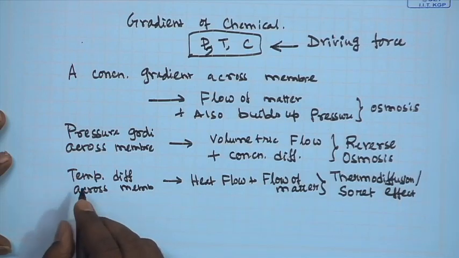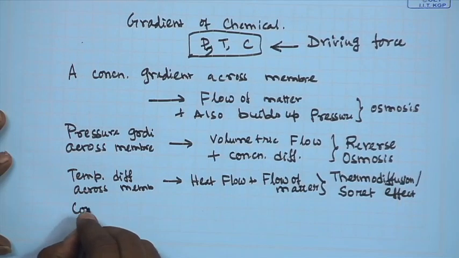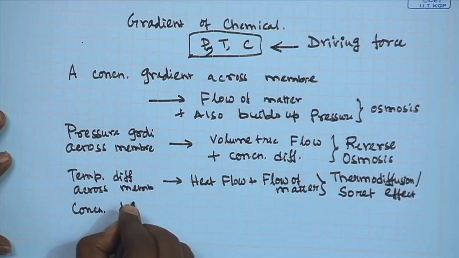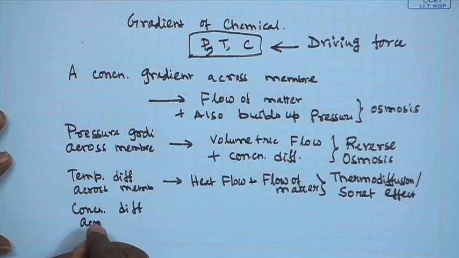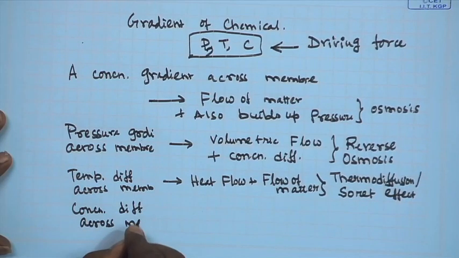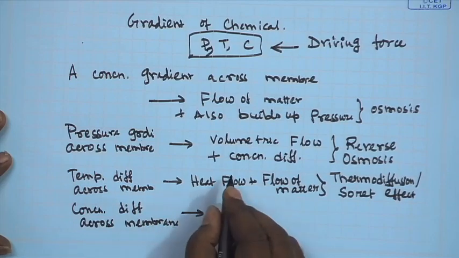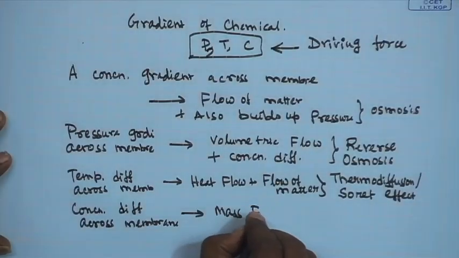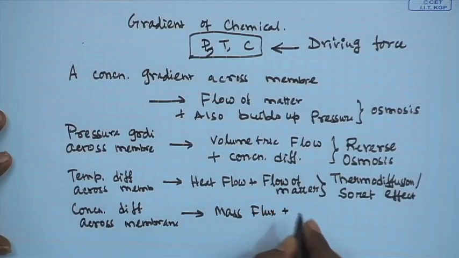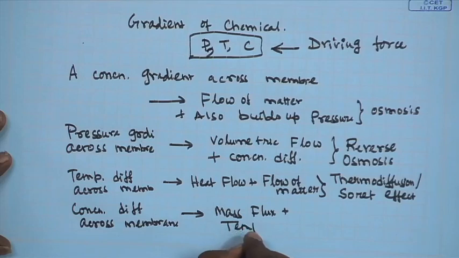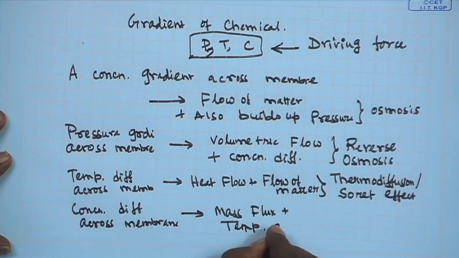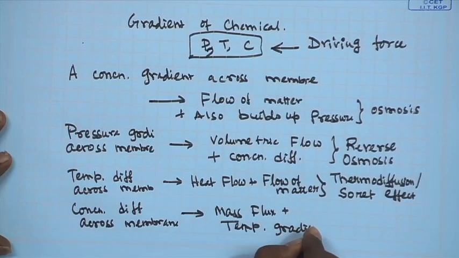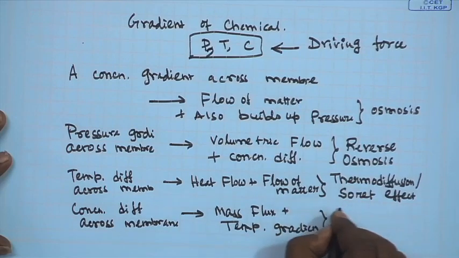And next, a concentration difference across the membrane may cause the mass flux plus a temperature gradient. This is known as the Dufour effect.